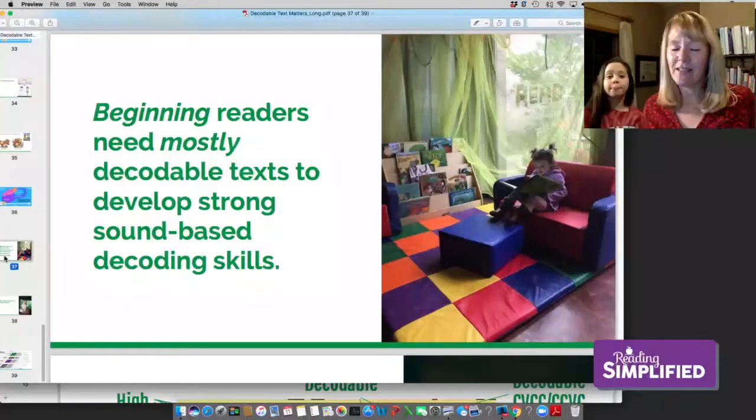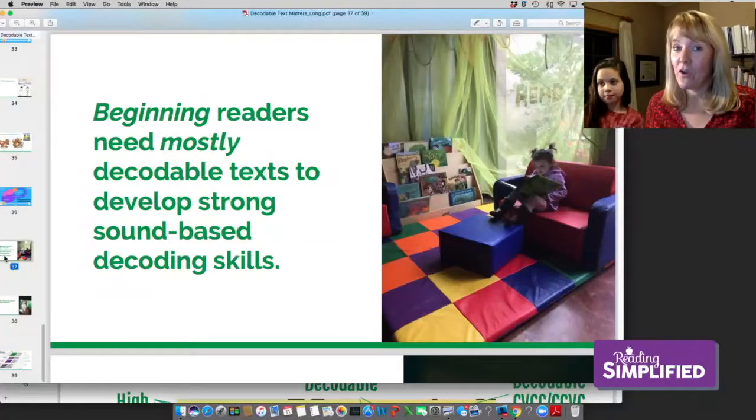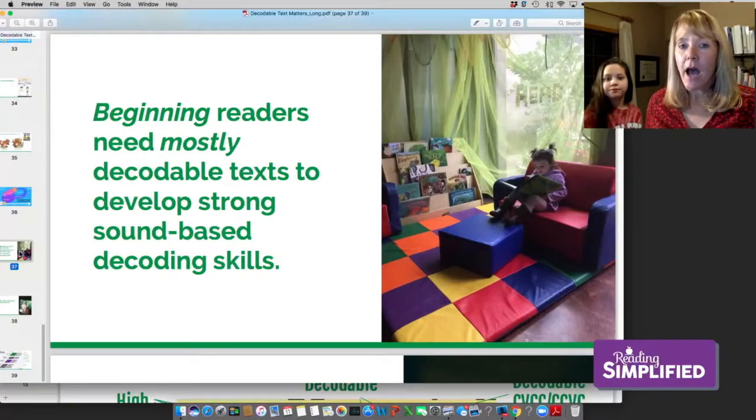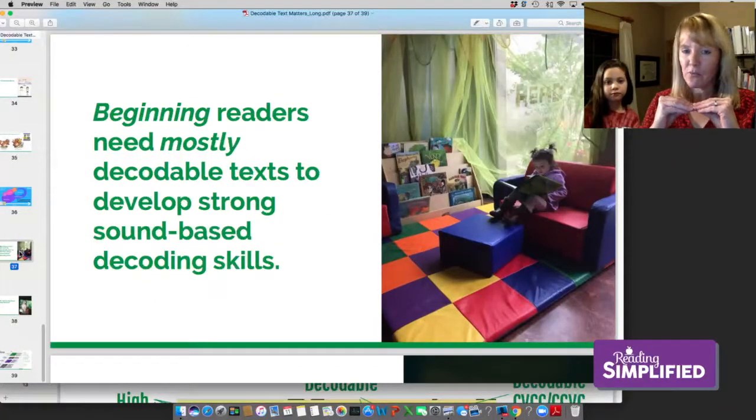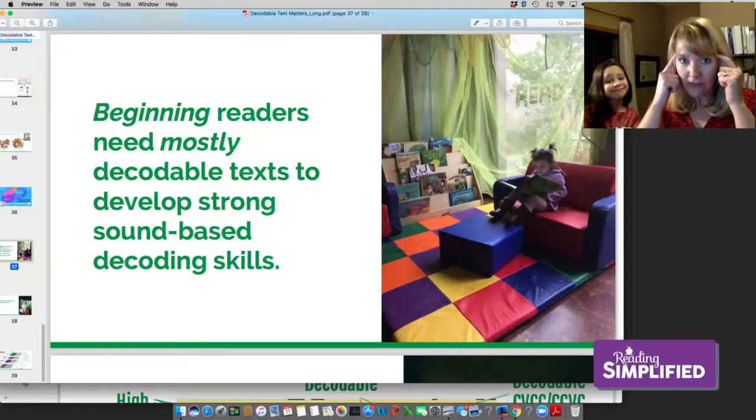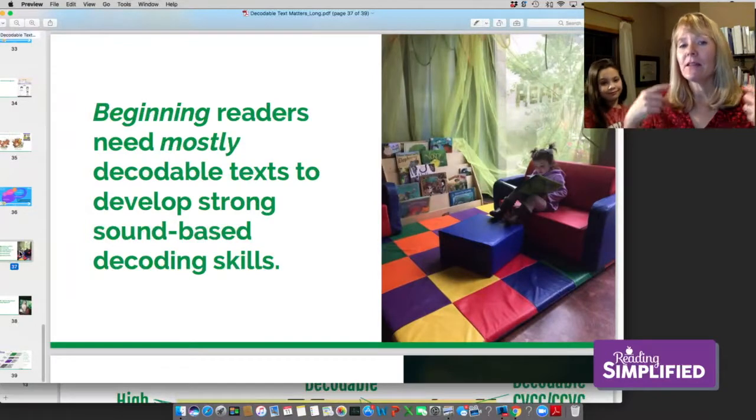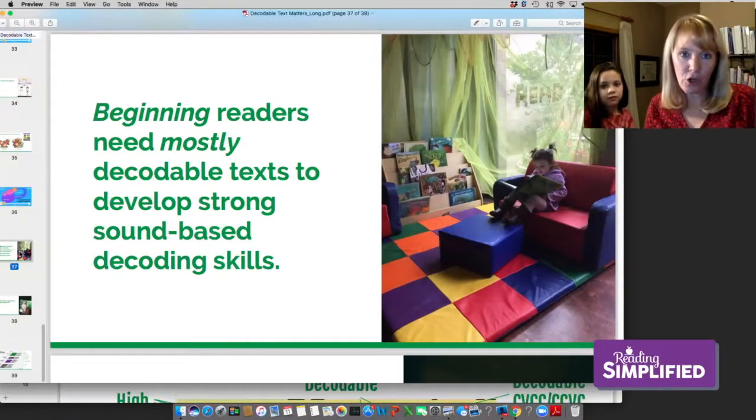We call it flex it here at Reading Simplified, and then they might figure out the word themselves. So not having exclusively decodable words that are perfectly aligned with what they have learned, I think, is better because it develops cognitive flexibility and allows them to have a self-generating decoding strategy.